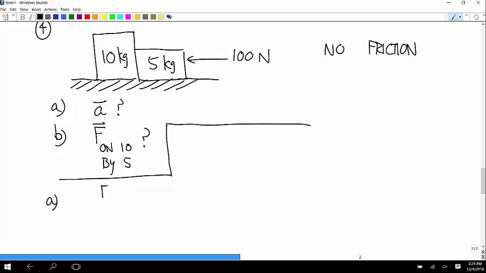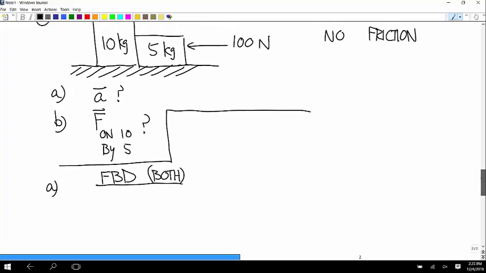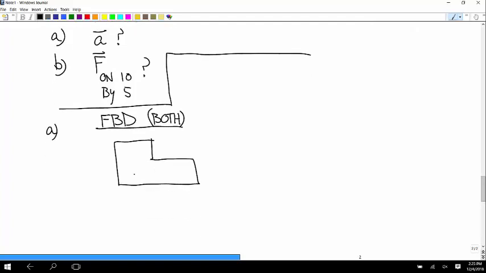So part A, we're going to isolate the two boxes together. There's a weight force. The total mass of this system is 15 kilograms.